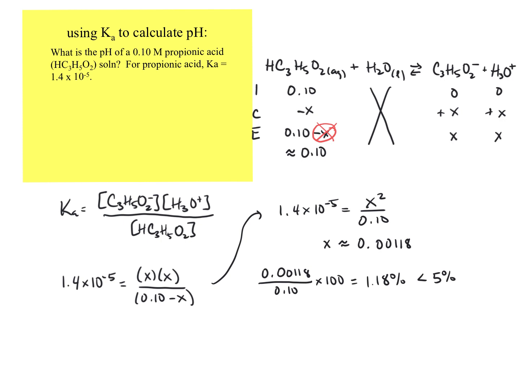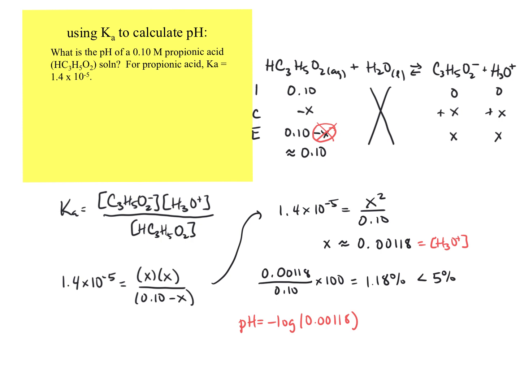If it was greater than 5%, you're going to have to do the quadratic formula or graphing the left side and the right side and seeing where they intersect. But we can just say that x is approximately 0.00118. So then to calculate the pH, because that x is also the value of the H3O plus, we can say the pH equals the negative log of 0.00118.